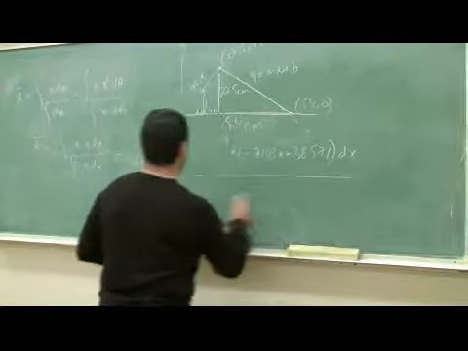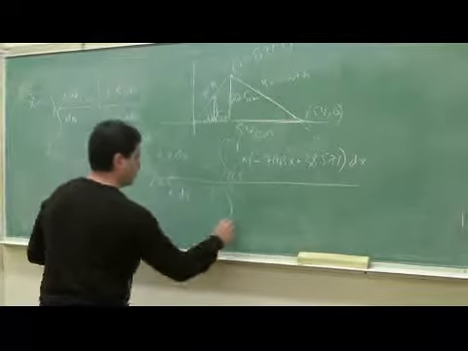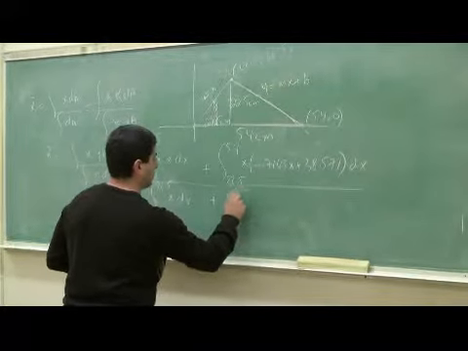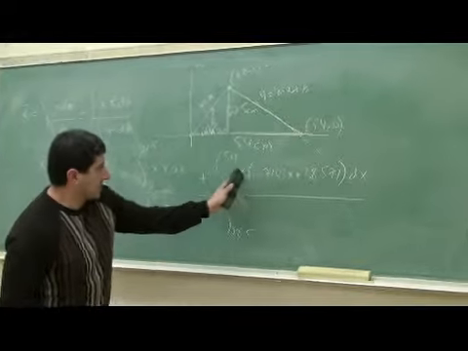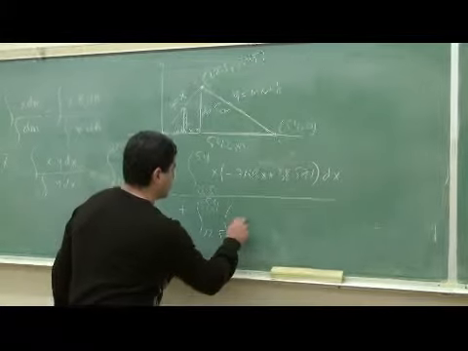Then I'm going to divide this by the integral from 22.5 to 54. And then I'm going to divide by the same thing, except it's not going to have the x.